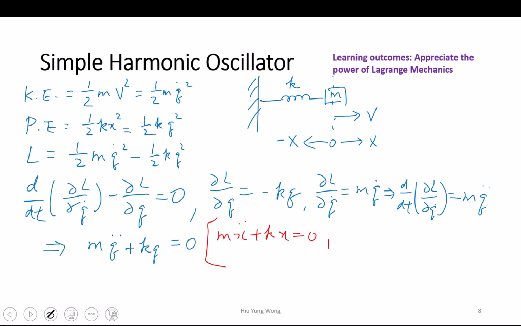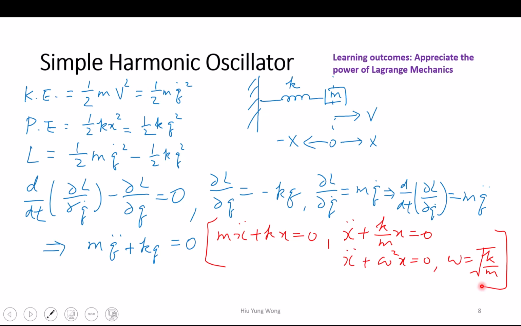We can also write it as x double dot plus k over m x equals 0. Just divide by m, which is x double dot plus omega squared x equals 0, if I define omega equal to square root of k over m.